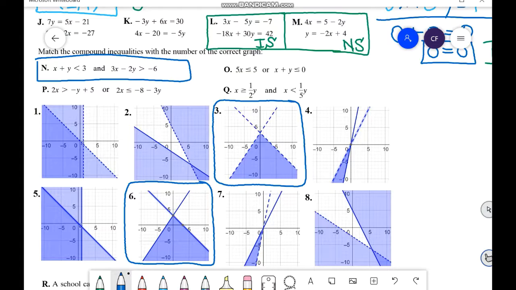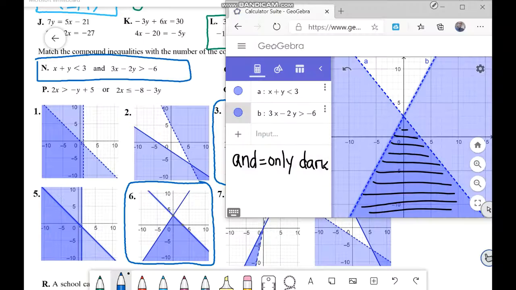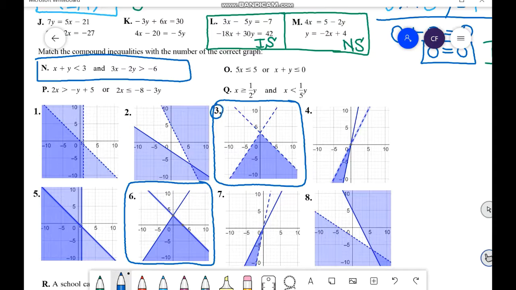Number 3 or number 6. If you compare with the solution that we found, check that the lines are dashed, because here it is just less than and greater than. It's not less than or equal, it's not greater than or equal. Lines dashed is just number 3. The answer is going to be number 3.